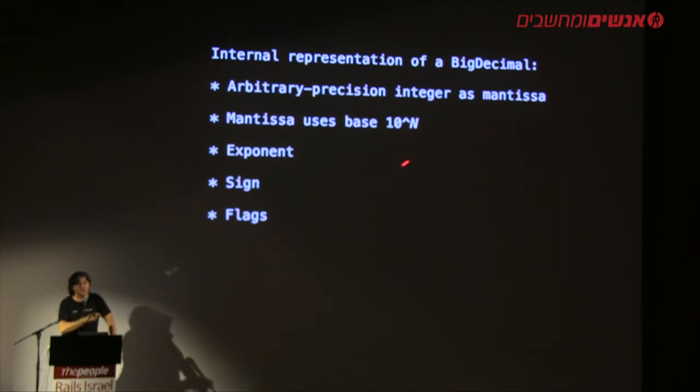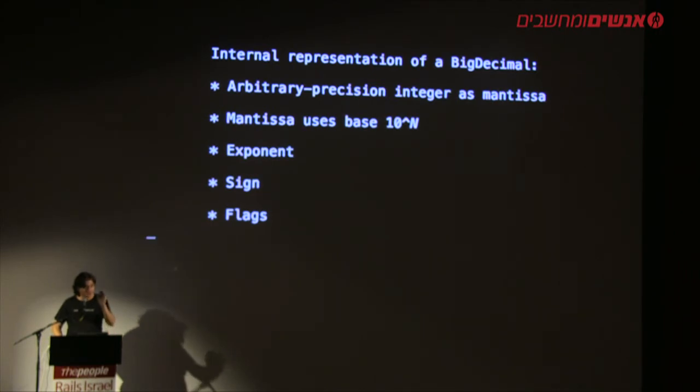The base for this thing is 10 to some power. This is key, because it guarantees you, according to the result we saw before, that you are going to be able to represent exactly the numbers that you write in base 10, like the ones we are dealing with.